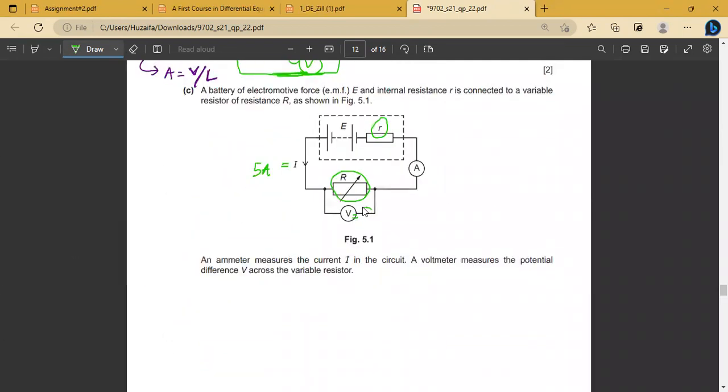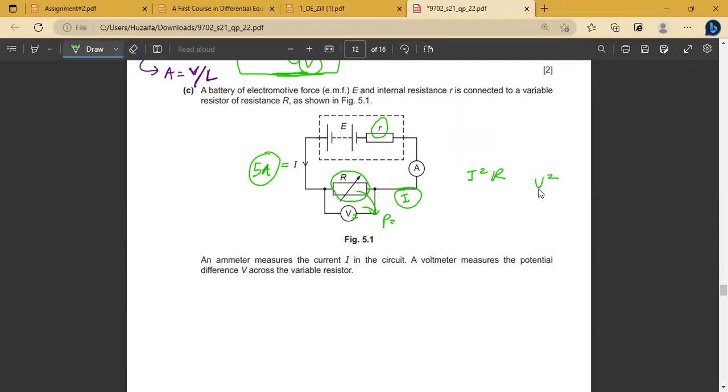Since the variable resistor R is connected in series with the small internal resistor r, the current passing through the capital R will be 5 ampere. I know the current value, but I don't know the resistance value, so I cannot use the formula I square R.